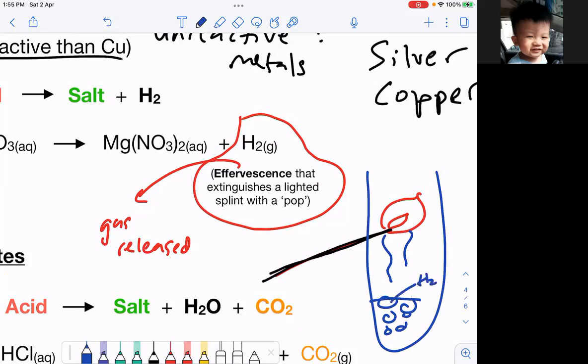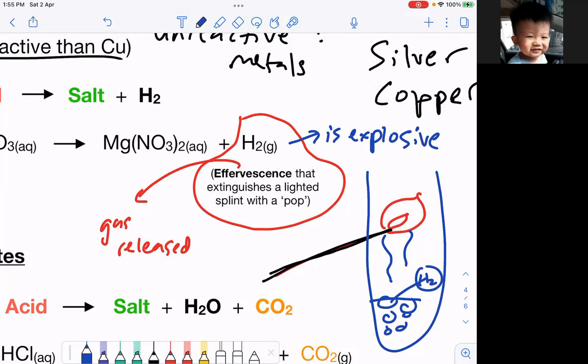H2. Do you know that it's explosive or not? You can write down: H2 is explosive. So this explosive gas, imagine it's like gasoline, like petrol. It flies up and touches the flame. What happens? Imagine your kerosene gas leaking at home, then a small spark. What happens?